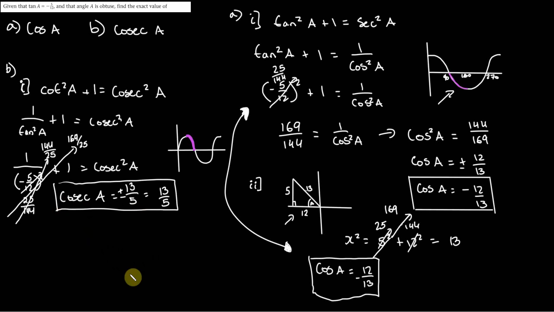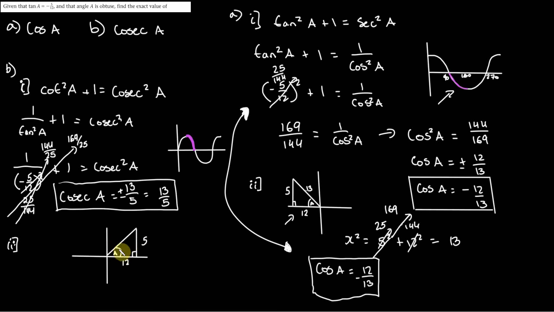And so now, for part B, let's do the second method and just plug in. Again, we'll just use the unit circle. We know it's going to be positive, but in any case, if you didn't know that, you could just draw a right triangle and figure it out afterward. Tangent is the opposite over the adjacent, so it's going to be 5 over 12. And we have cosec of A, and cosec we know is 1 over sine.